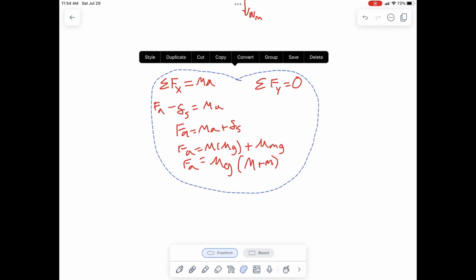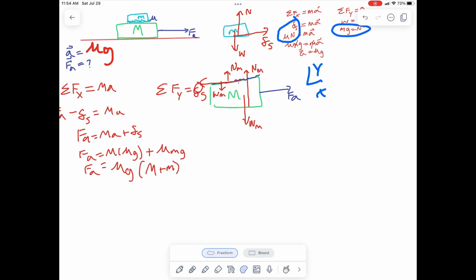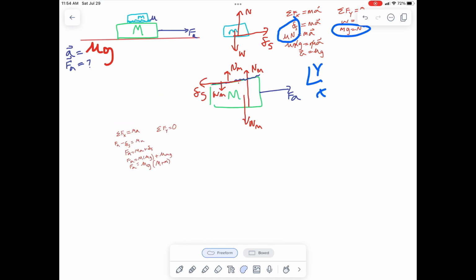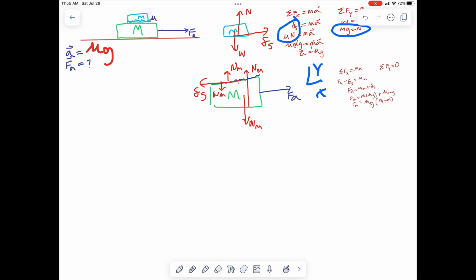Okay. So that's one way to solve for our applied force, but there is also another way which might be a bit easier that doesn't require as much brain power. So my second way to solve for my applied force is to look at this big M and little m block as just being a system.